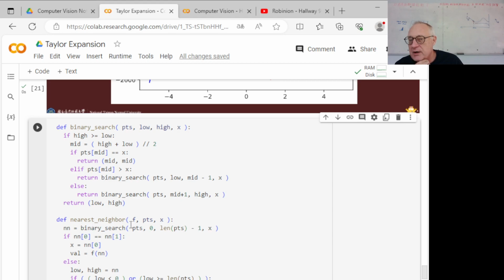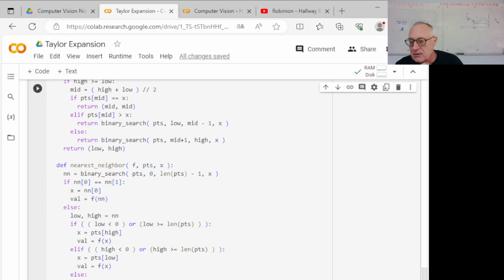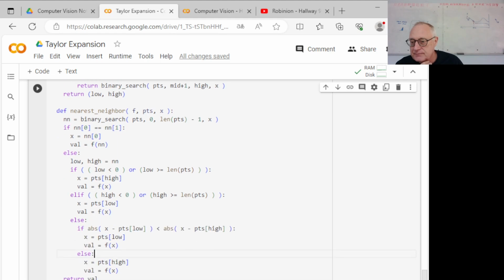So I do a binary search, find the point that's closest, then check which one of them is actually closest to mine, and then take that value. Here this is the distance from x to the low point and to the high point. If the low point distance is smaller, then I take that value, otherwise I take the one for the high point.